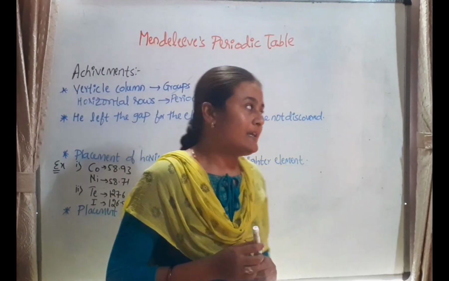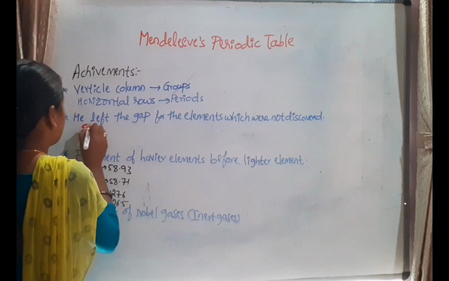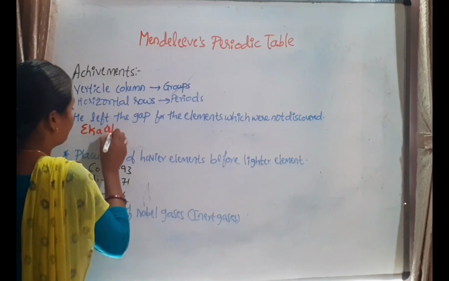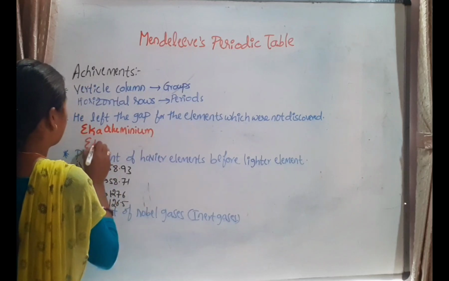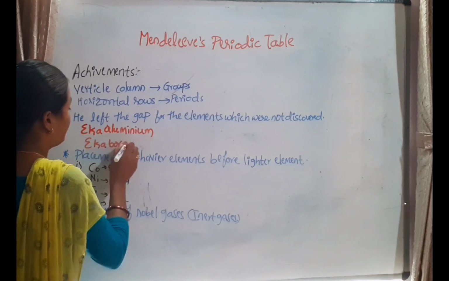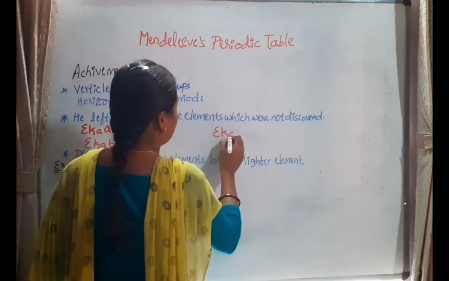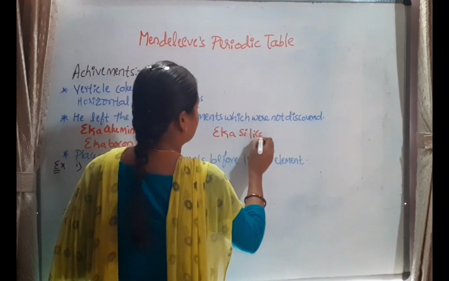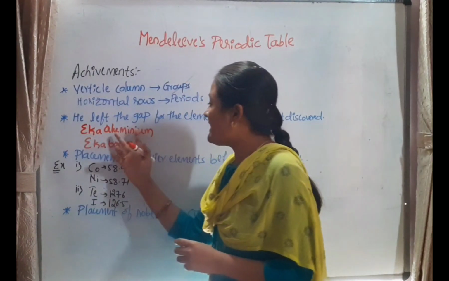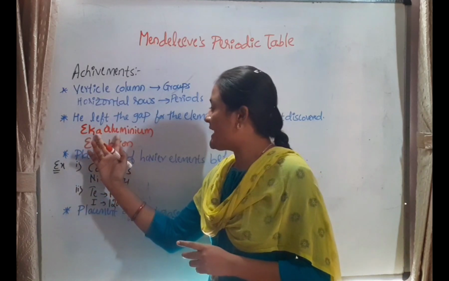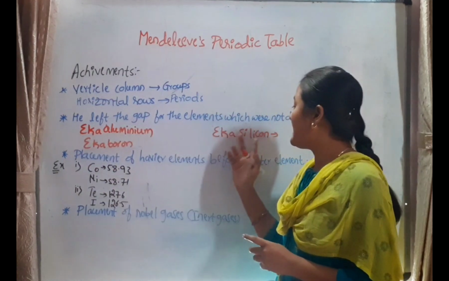That is, he named Eka aluminium, Eka boron, and the other one is Eka silicon. Here he predicted the properties of these elements, that is Eka aluminium, Eka boron and Eka silicon.